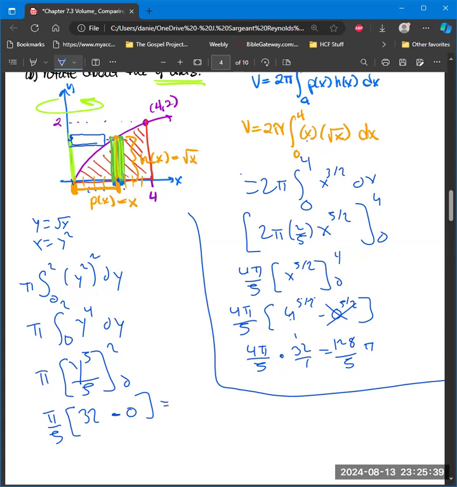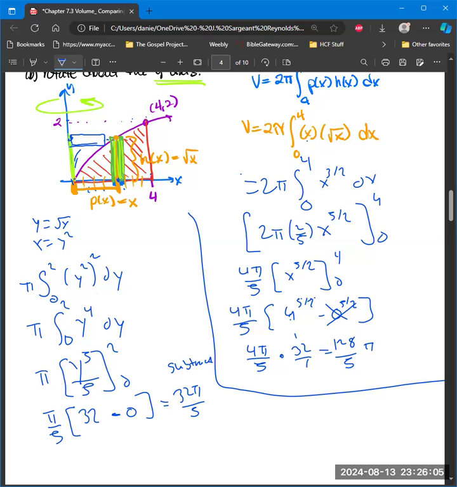So that's going to be this area that I don't want. So this is 32 pi over 5. This is what I'm going to subtract from this entire area here, as this was a washer.